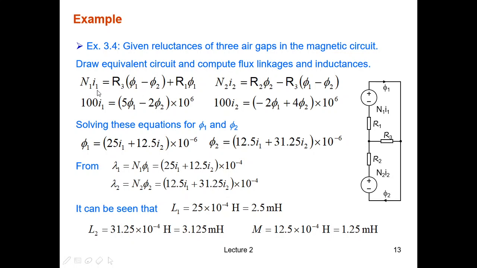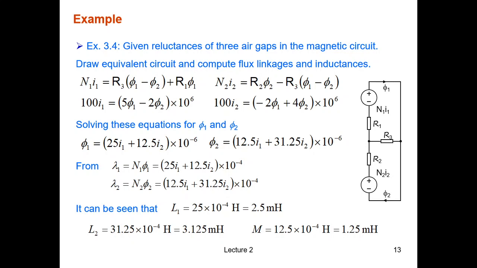We can write the MMF equation for loop 1, just like we do with an electric circuit, and this is for loop 2. Then we put in the real values for R1, R2, R3, so I have these equations set up.